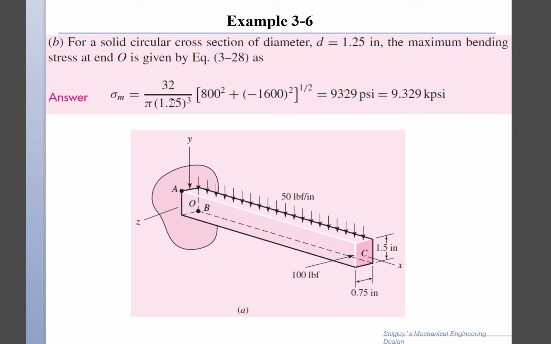If we happen to have a circle cross section of a diameter of 1 1/4, then the maximum value is 9.329, which is smaller than either one of these two.